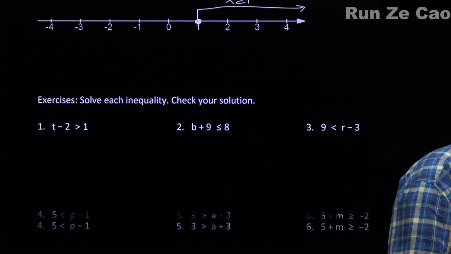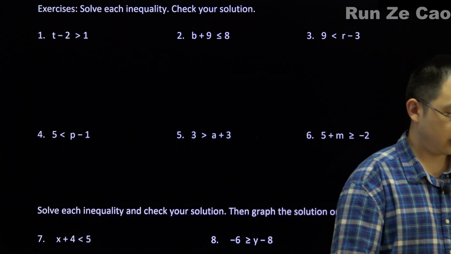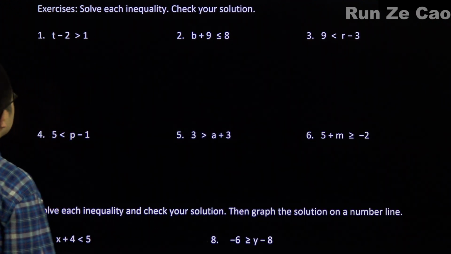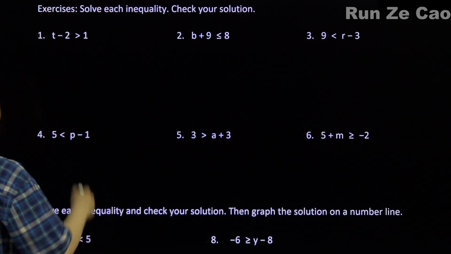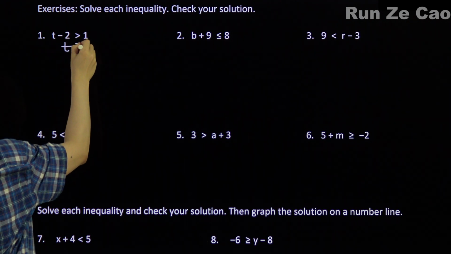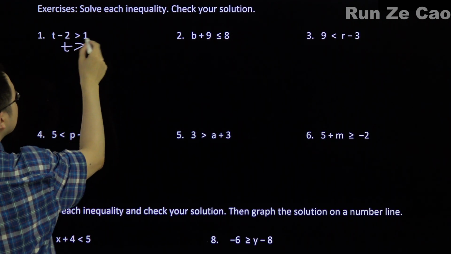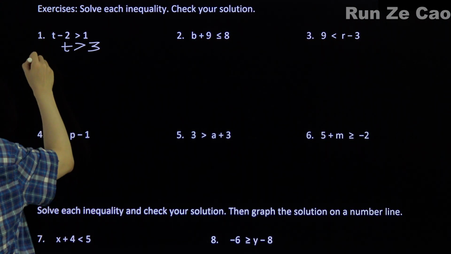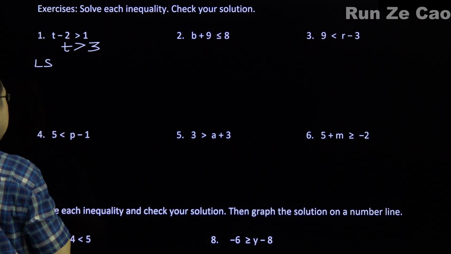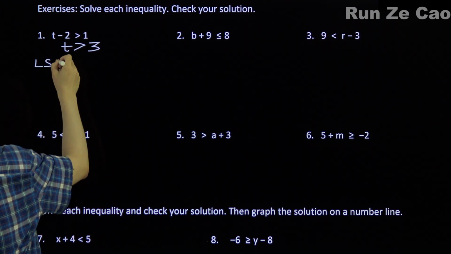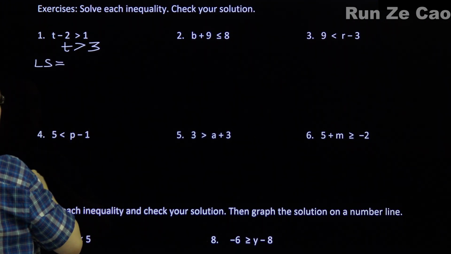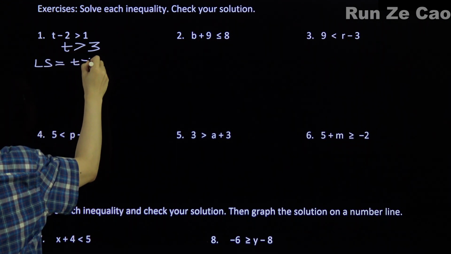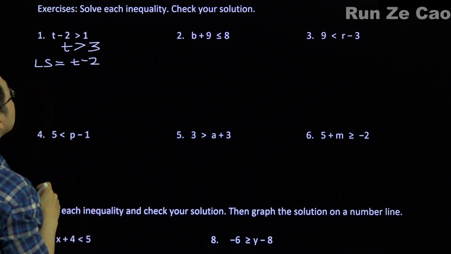Solve each inequality and check your solution. So t minus 2 is greater than 1. T is greater than 1 plus 2, which is 3. What happens to the left side? Left side is equal to t minus 2, okay. And we know that t is bigger than 3.